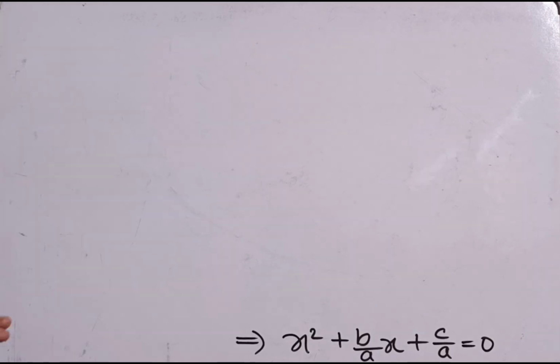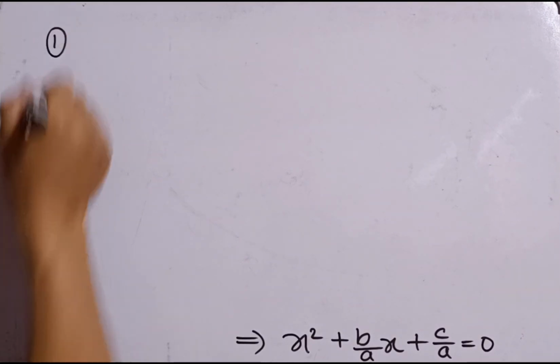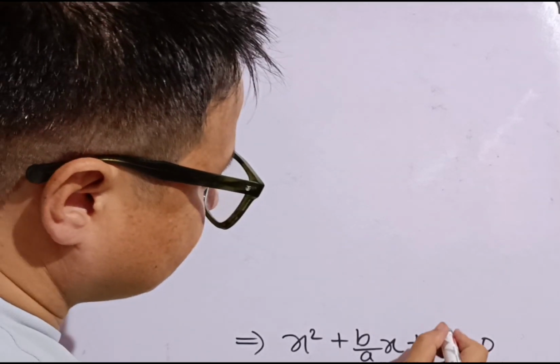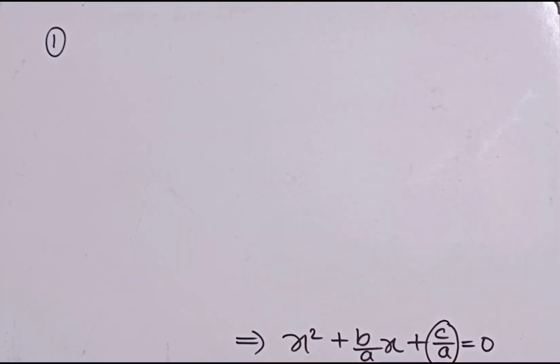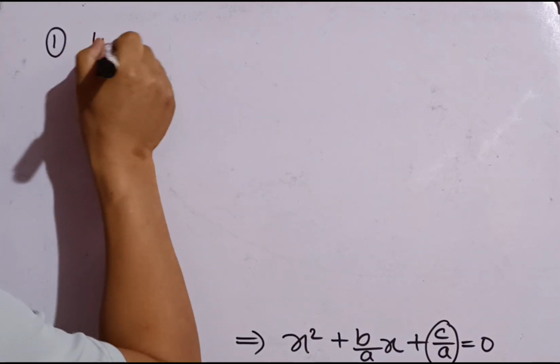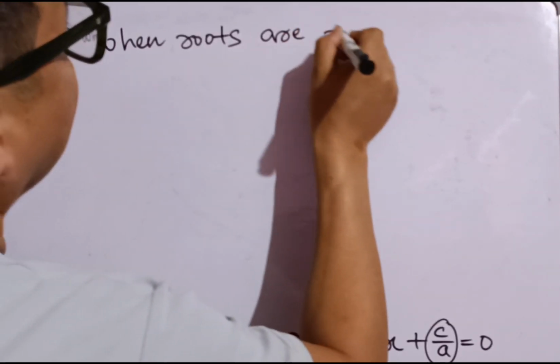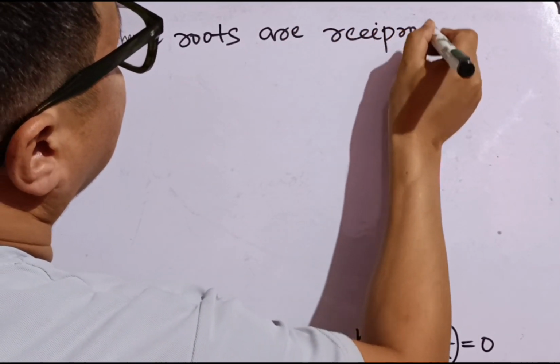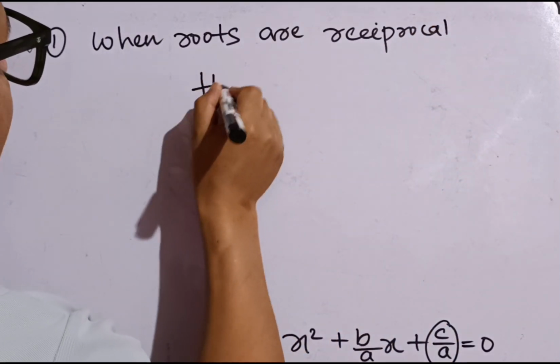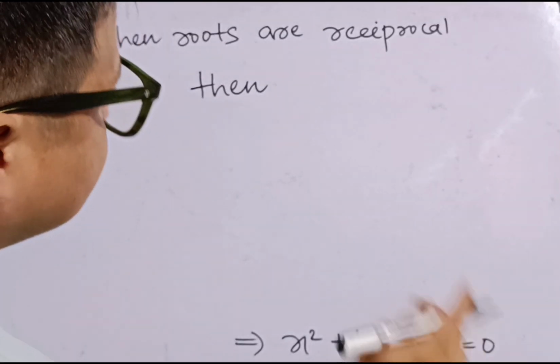Now in the first condition, when the roots are reciprocal, then c upon a, which is equal to the product of the roots, must be equal to 1, because when the roots are reciprocal their product is 1.